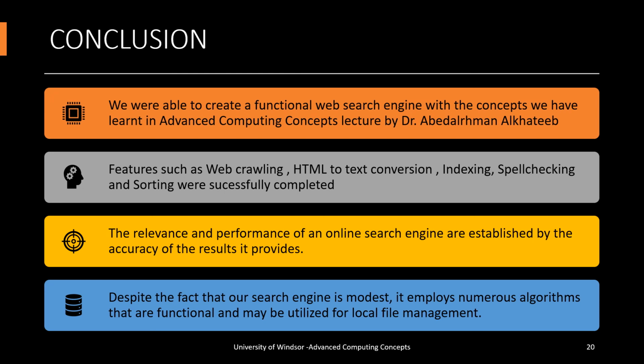As you can see from the project demonstration, the results were accurate. The relevance and the performance of an online search engine are established by the accuracy of the results it provides. Now, despite the fact that our search engine is modest, it employs numerous algorithms that are functional and may be utilized for local file management. And now from here, Roxy would talk about the future scope.